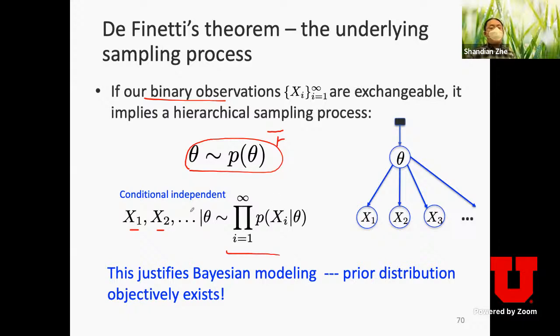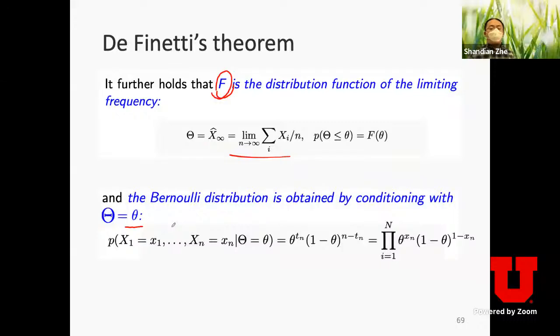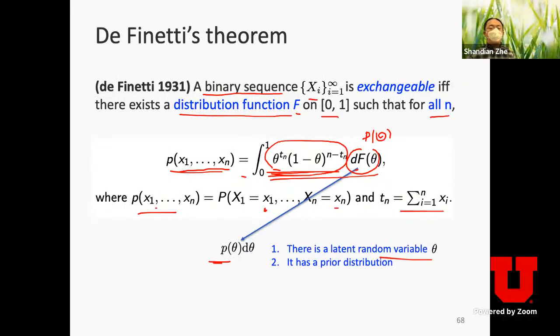If you calculate the marginal distribution of x1, x2 to xn, it will give you this integral. That's the insight of de Finetti's theorem. And that's why it justifies the Bayesian model, because it tells you it indeed contains a sampling procedure on theta, because you indeed have some prior distribution over theta.